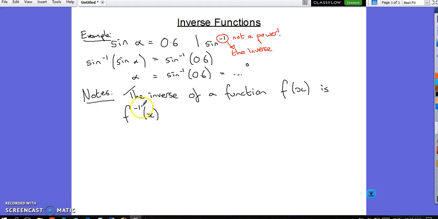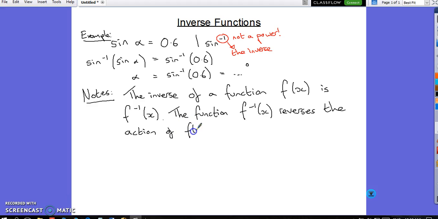And again, this isn't a power, it's just the inverse of f. And this inverse function reverses the action of the standard function, f of x. And that's all it does.